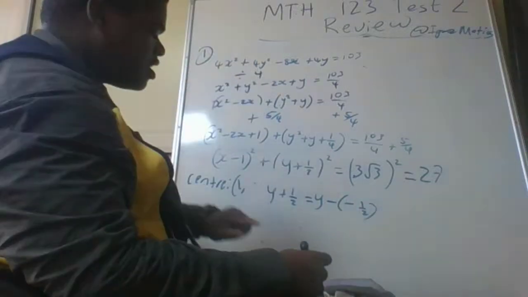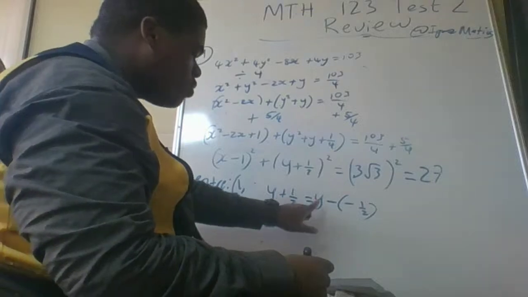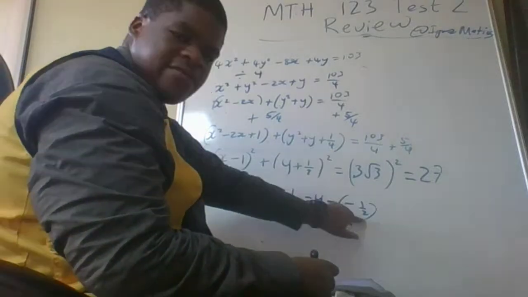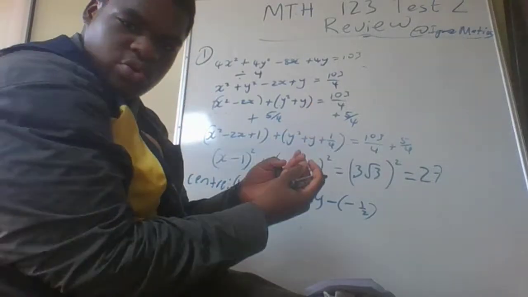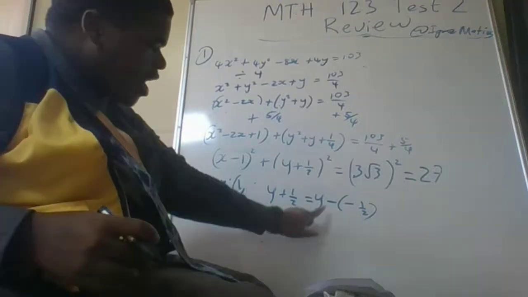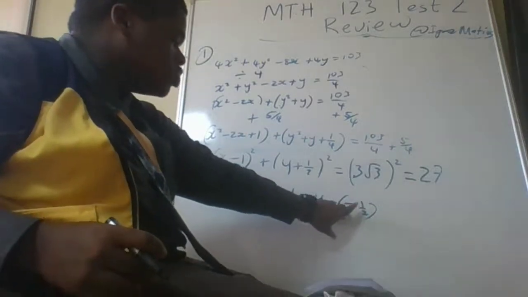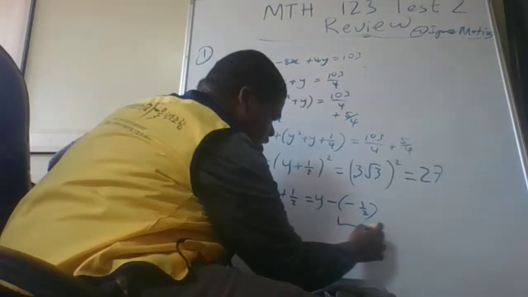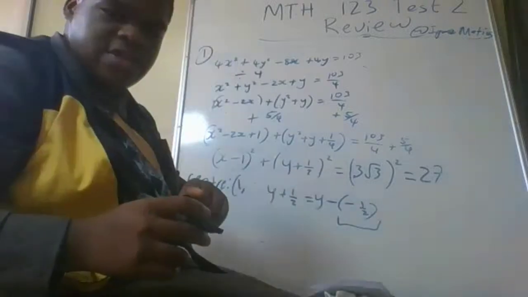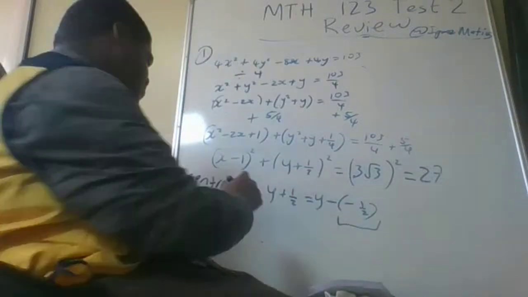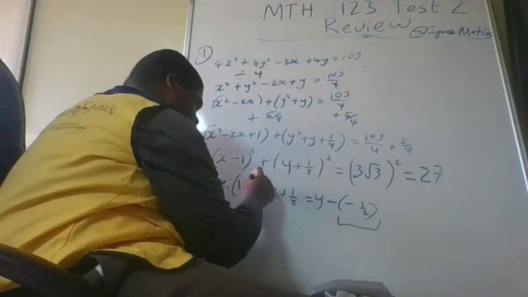Yes, this is a better way of doing it. You have y plus half is equal to y minus minus half, because minus times minus gives you a plus. So this one would now be your y coordinate for the center. So you have 1 comma minus 1 over 2.